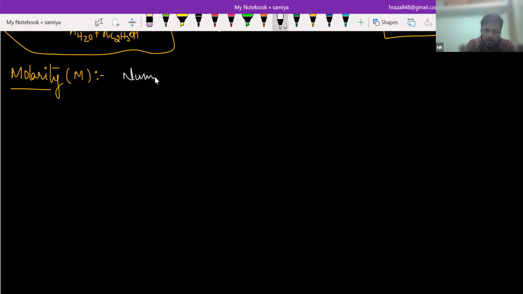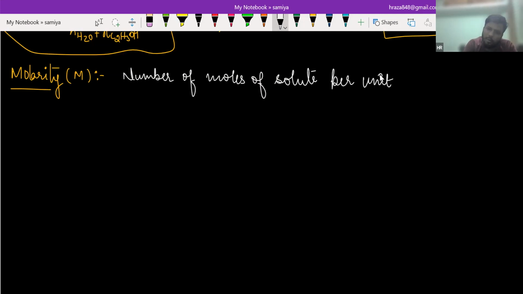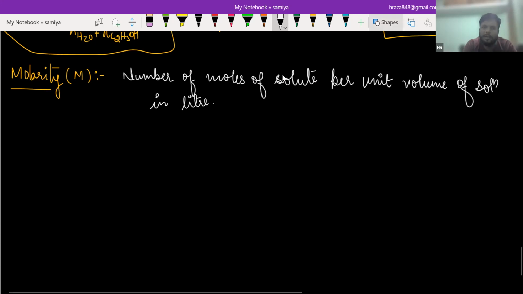Molarity is the number of moles of solute per unit volume of solution in liter. And we can easily write a mathematical equation for this.